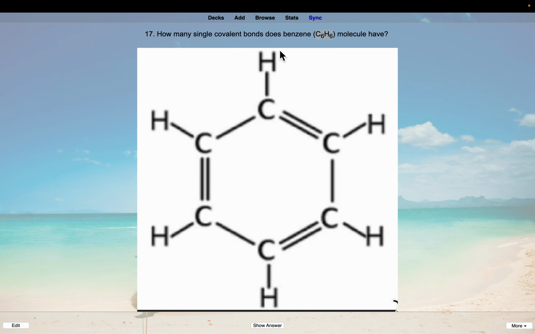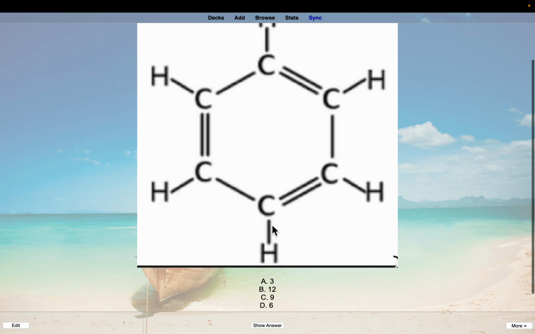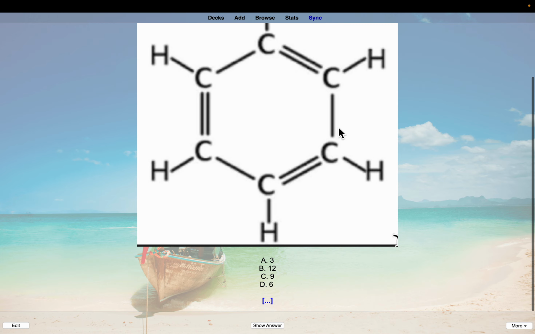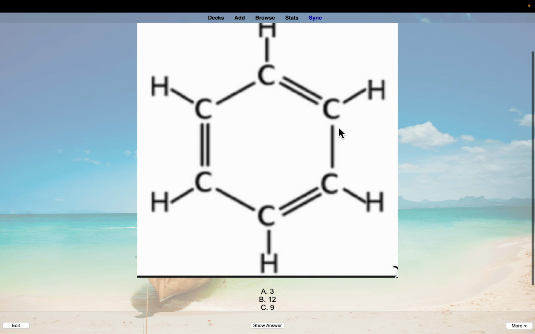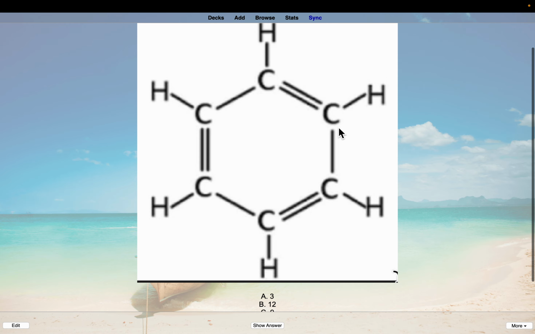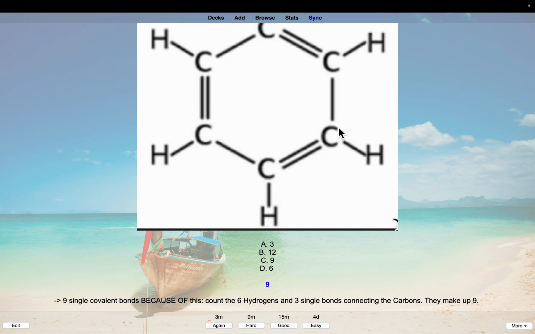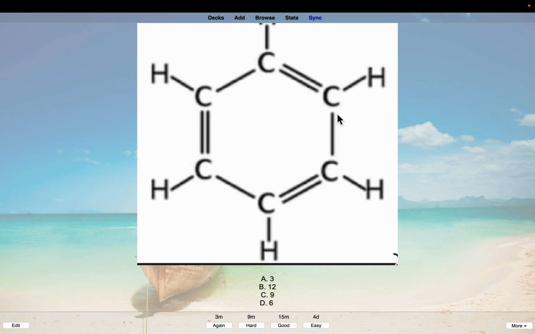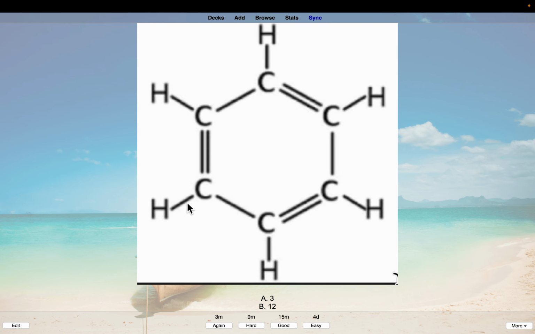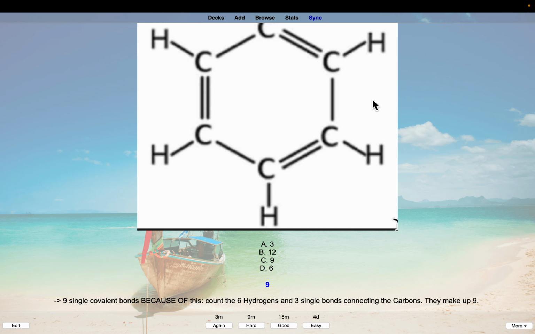How many single covalent bonds do we have? I think 9. We're just looking for all the single lines. So 1, 2, 3, 4, 5, 6, 7, 8, 9. Count the 6 hydrogens and 3 single bonds connecting the carbons. They make up 9.